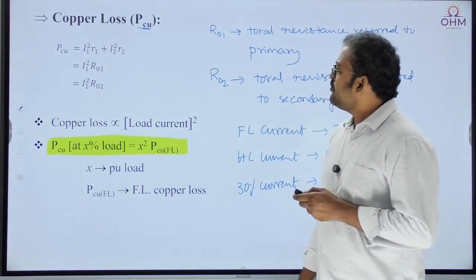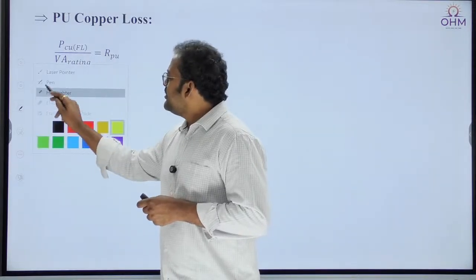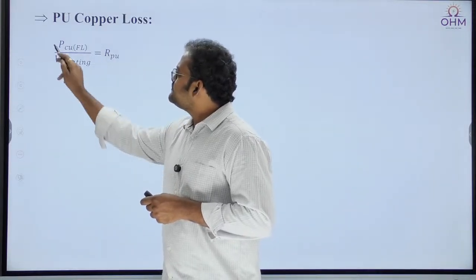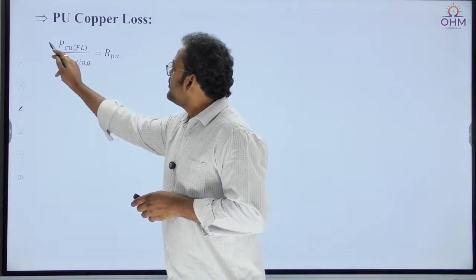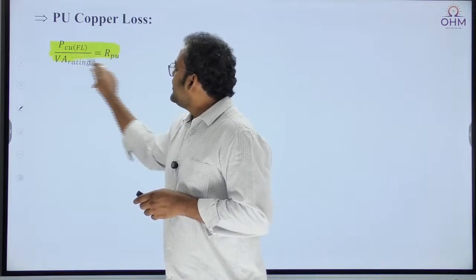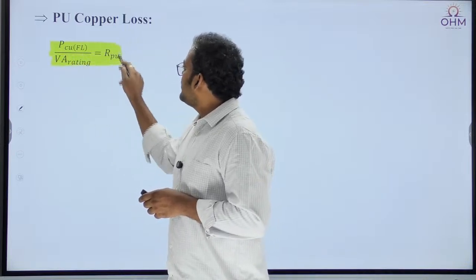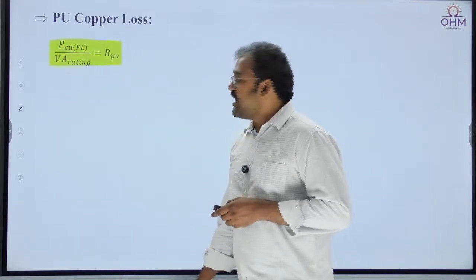One more important formula that we have to remember is the per unit full load copper loss. Per unit full load copper loss is the actual full load copper loss divided by the VA rating of the transformer, and that is equal to R per unit.